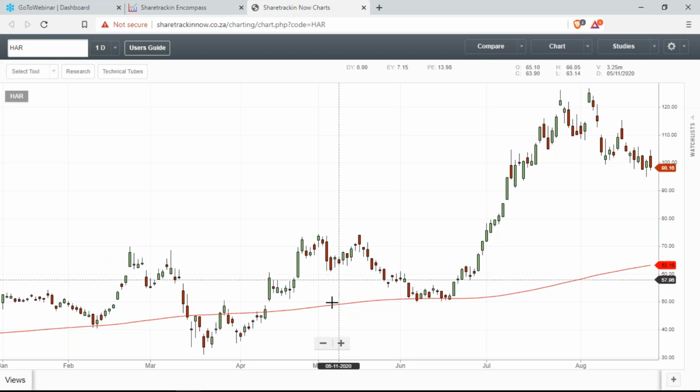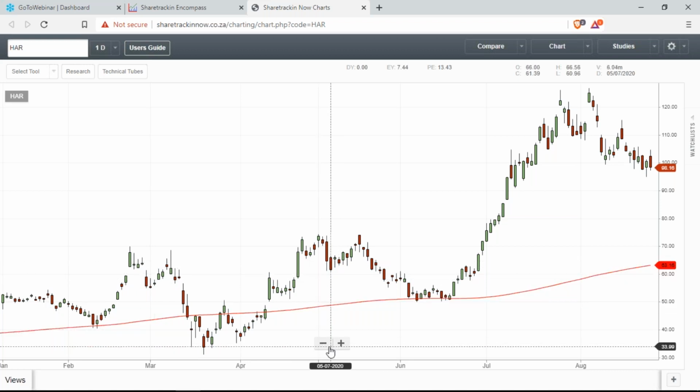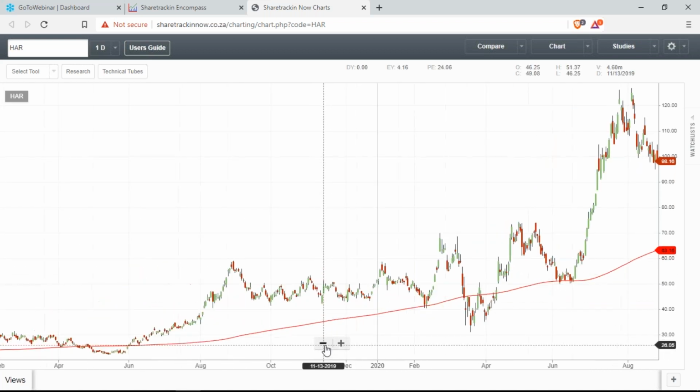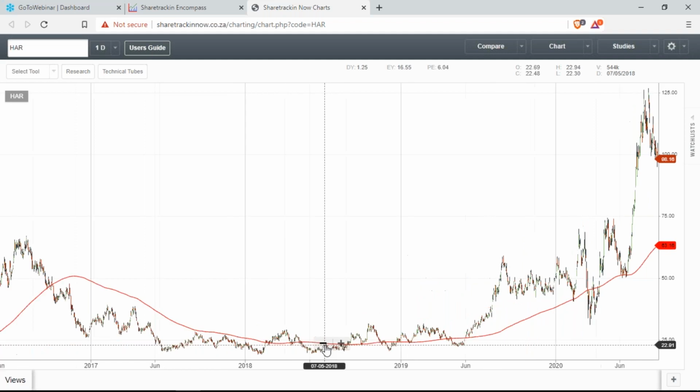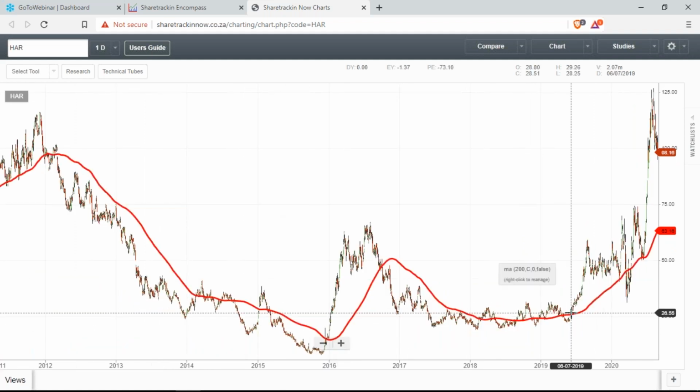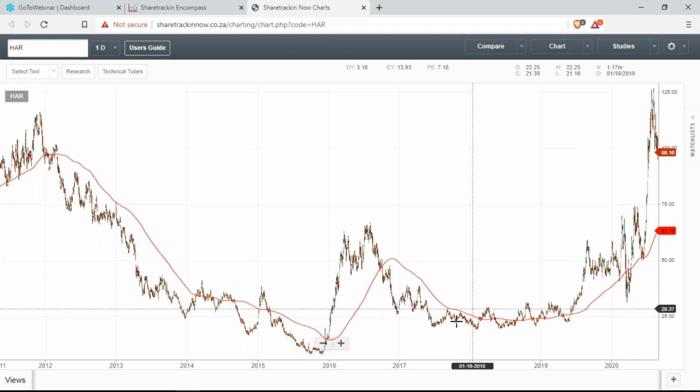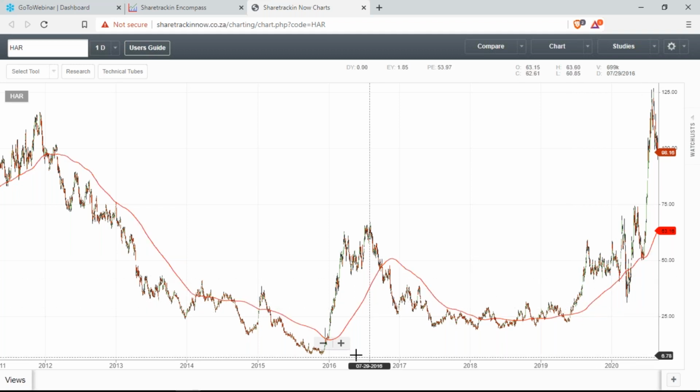So in other words, if I minimize, I will see on the long term, what is this share doing? So I can see that from about 16 May 2019, this share has been growing constantly, which is a good thing.